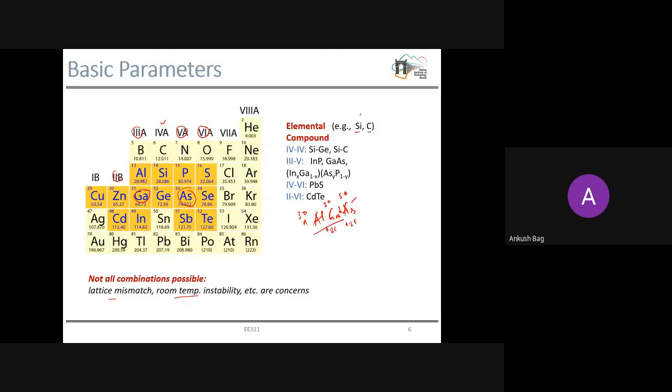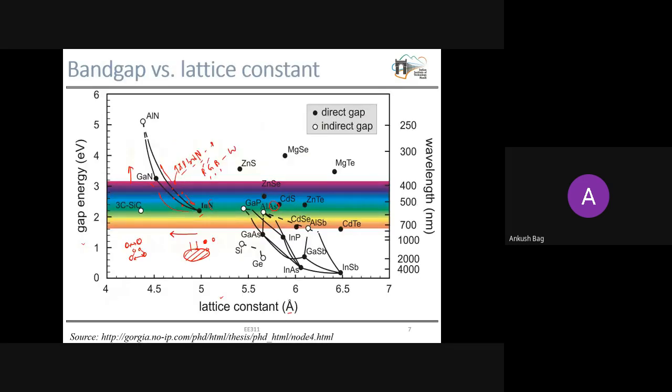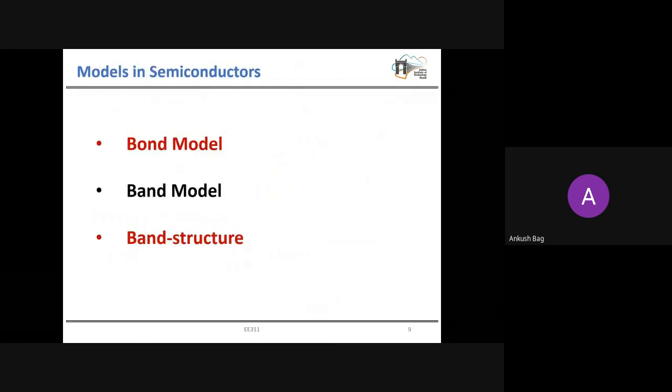There are different advantages of these compound semiconductors compared to conventional silicon, which we have also discussed.